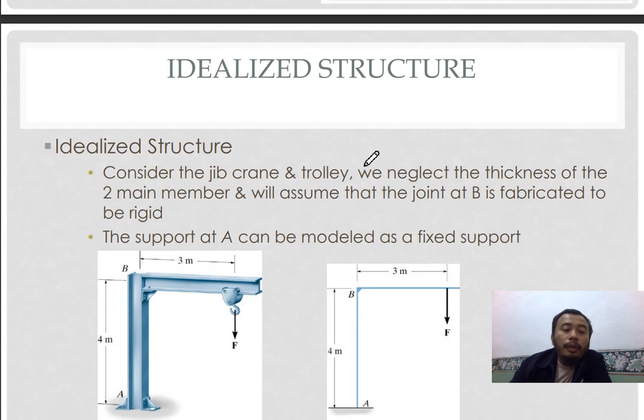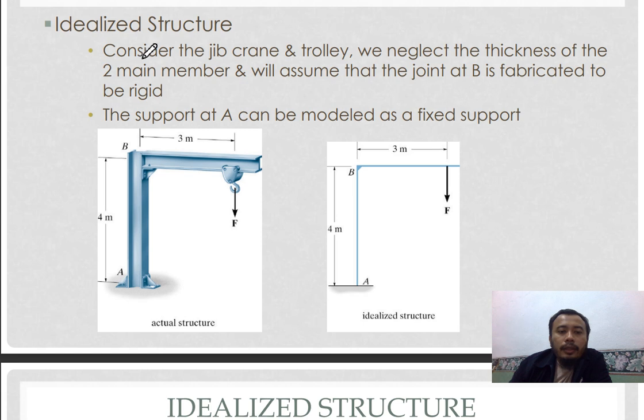So, for a real structure, let's take a look at an example. Consider the jib frame. This is a jib frame and trolley. This is the trolley. So we neglect the thickness of the two main members and we assume that the joint at B is fabricated to be rigid. So this is a fixed joint, so you will have reactions vertically, horizontally, and a moment.